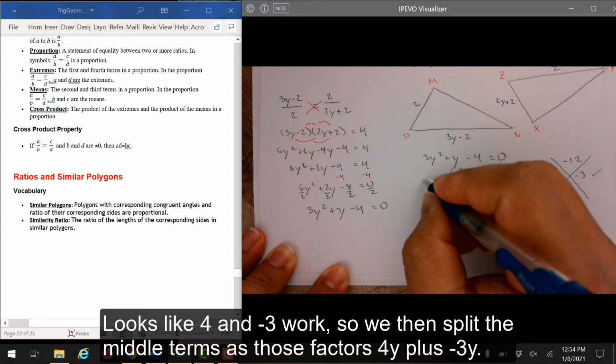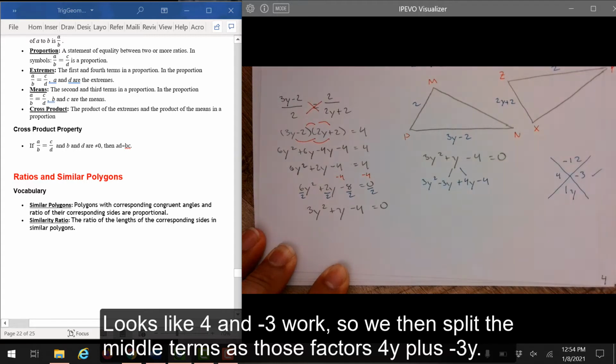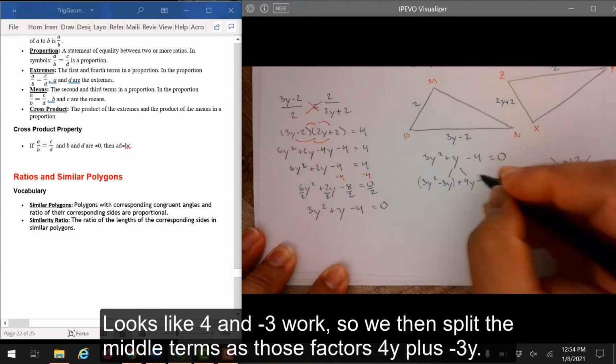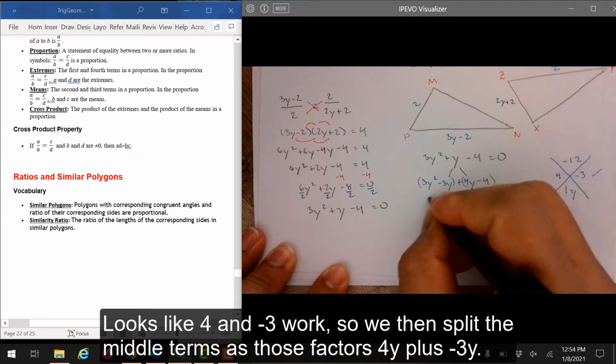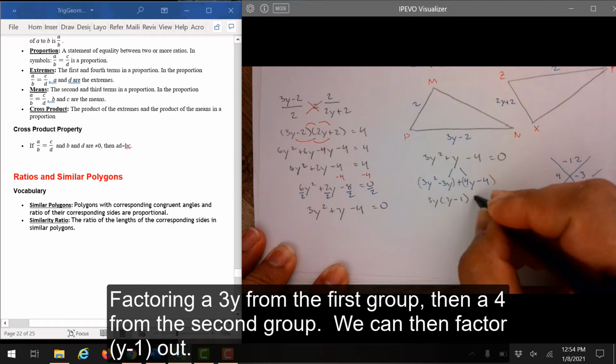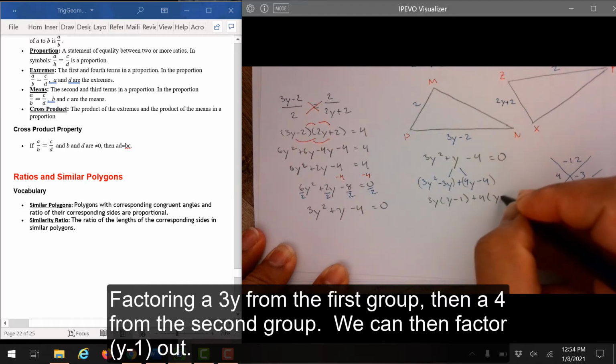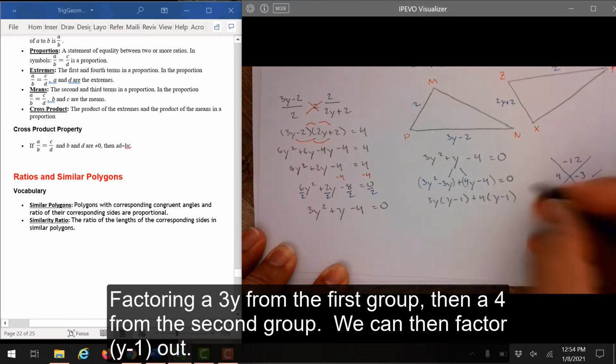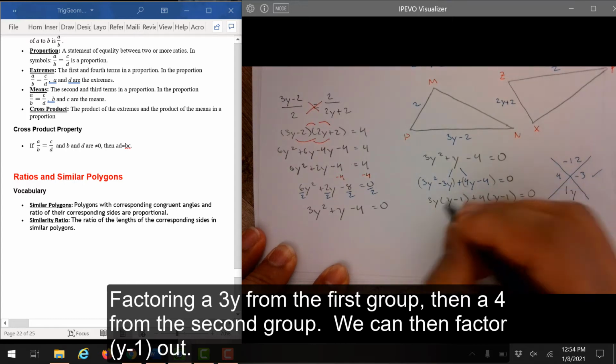Looks like 4 and -3 work, so we then split the middle term as those factors, 4y plus -3y. Factoring a 3y from the first group, then a 4 from the second group, we can then factor y minus 1 out.